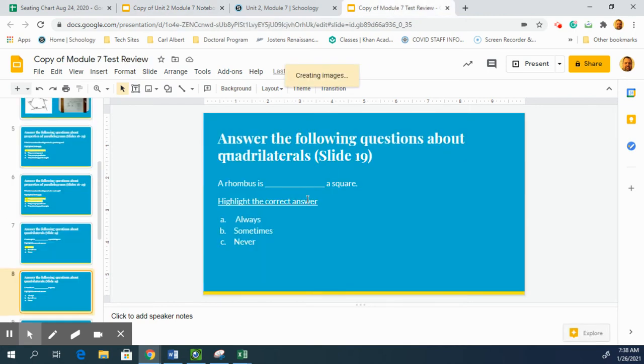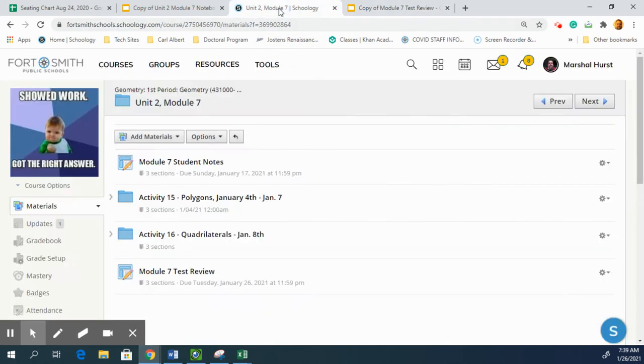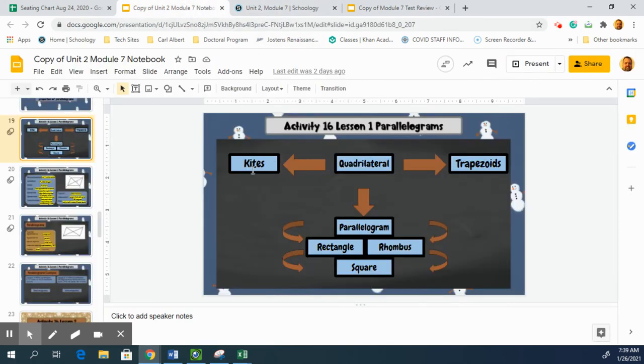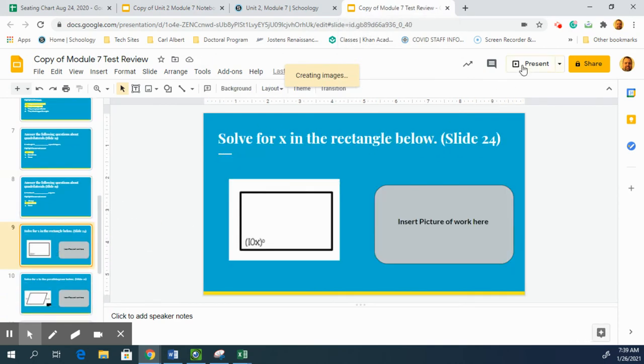So a rhombus is only sometimes a square. Not all of them, though. And then when you look out here, if there are any questions about kites or trapezoids, these are their own family of shapes. Okay. All right.